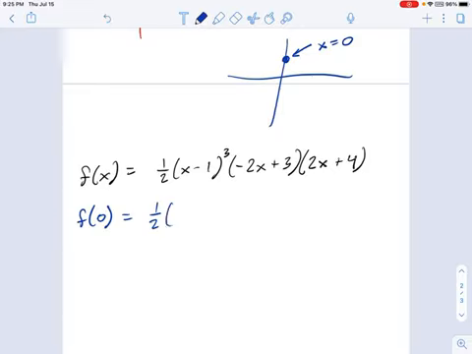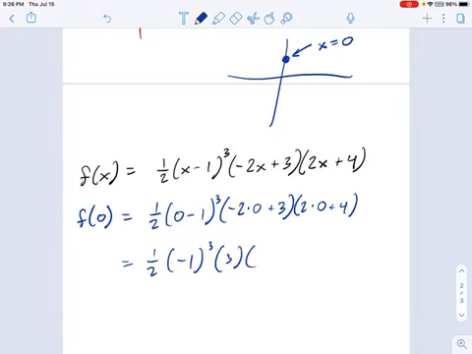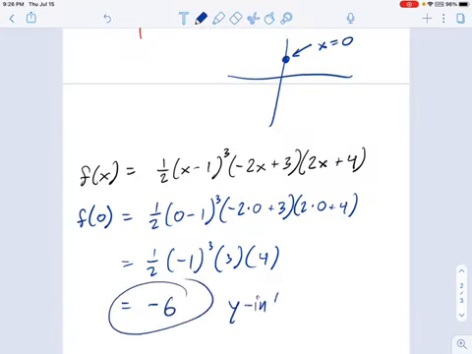You say 1/2, 0 minus 1 cubed, negative 2 times 0 plus 3, and 2 times 0 plus 4. Okay, well this becomes simple very fast. You have negative 1 cubed times 3 times 4, which, if you go through the math, gives you negative 6.